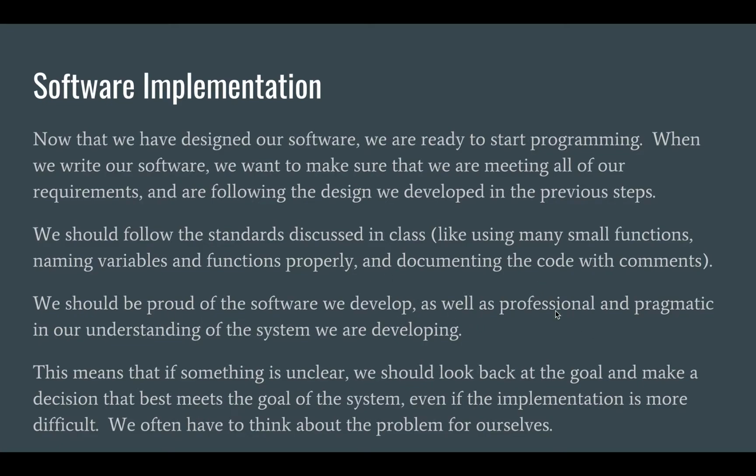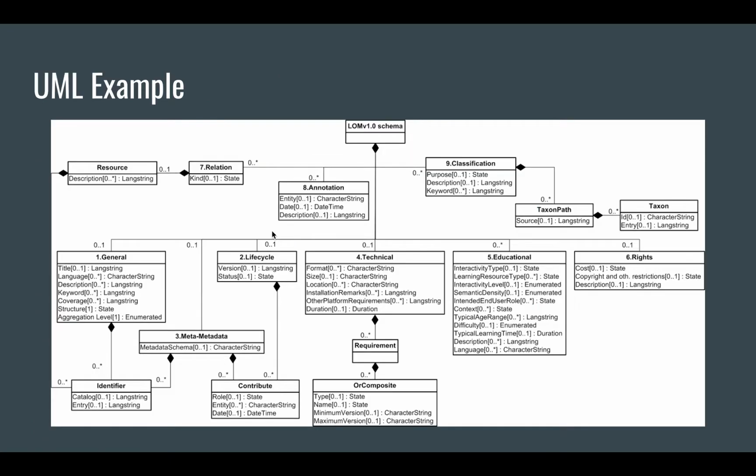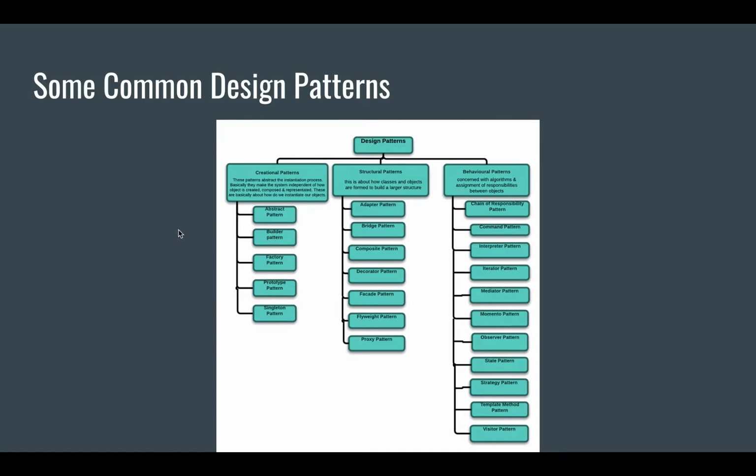We should be professional with that implementation, meaning that we shouldn't write spaghetti code. Professional developers don't write spaghetti code. Professional developers write comments and small functions and name variables well, and so on and so forth. Professional developers do those things. So we should be professional with our software. We should follow the standards. We should use design patterns if they fit well. We should do those things.